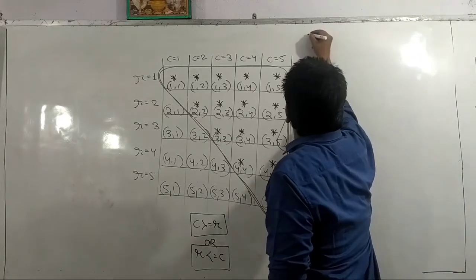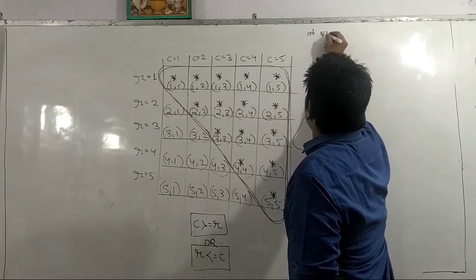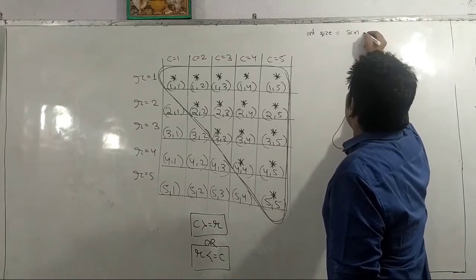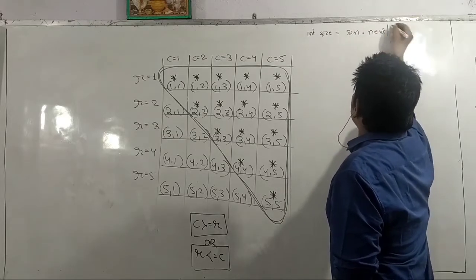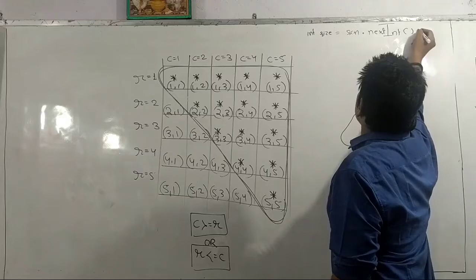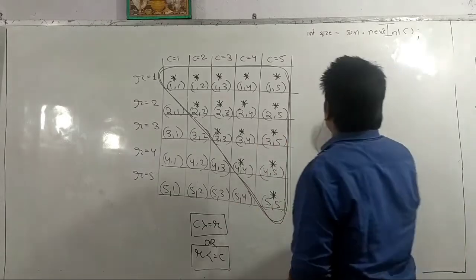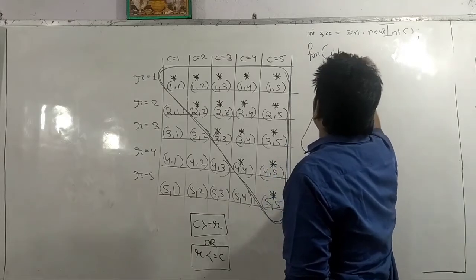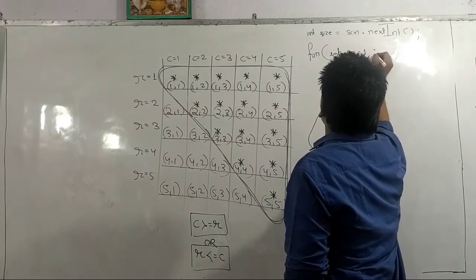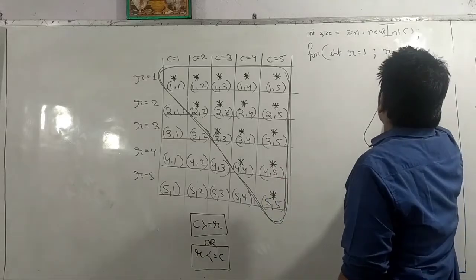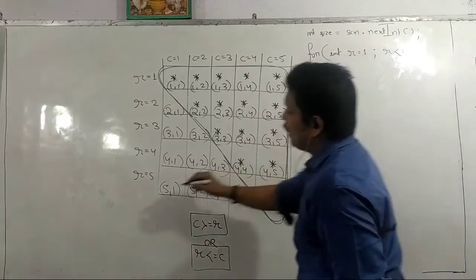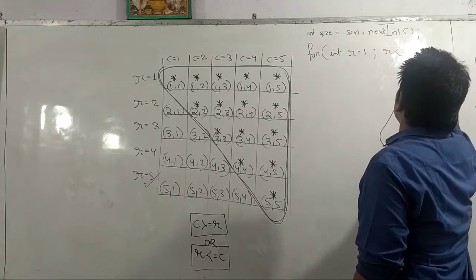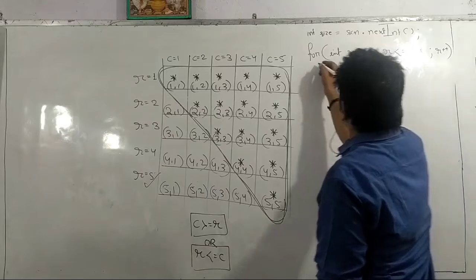So int, I will not write the complete program. Int size is equal to scanner object dot nextInt. So the user will give the size of the factor. Then I will start: for int R is equal to 1, R less than equal to 5 in this example, but I will write it as such, and then R plus plus.